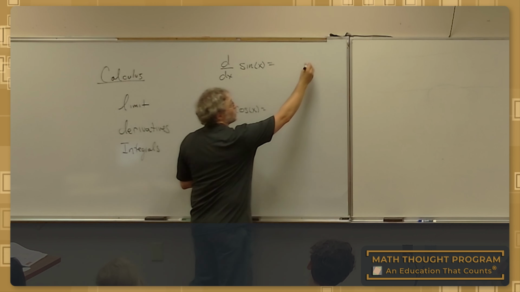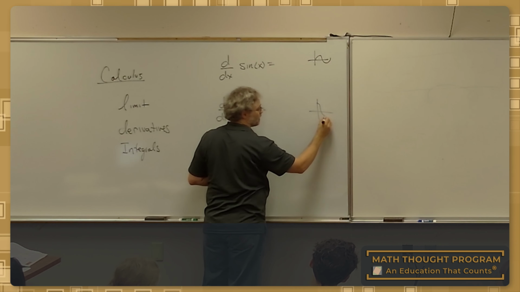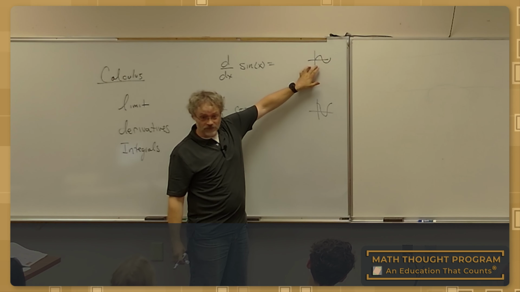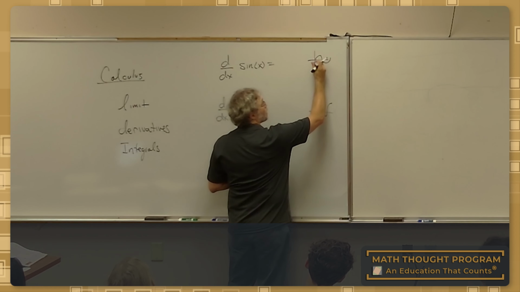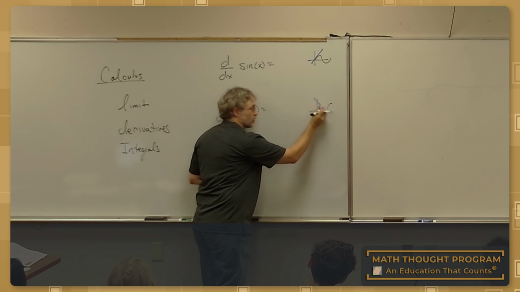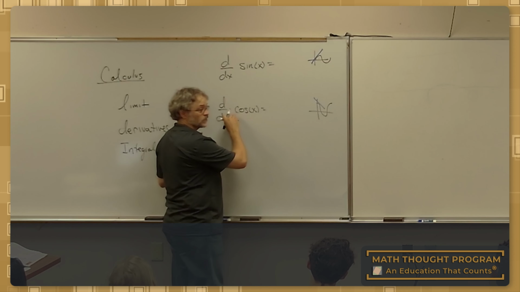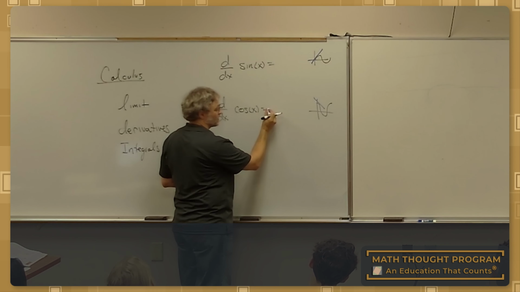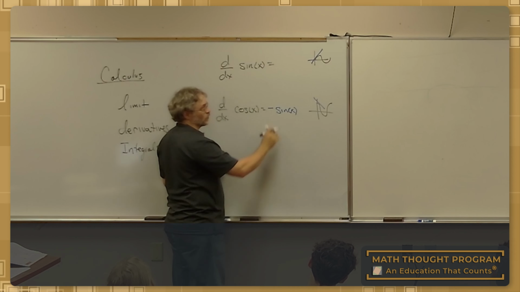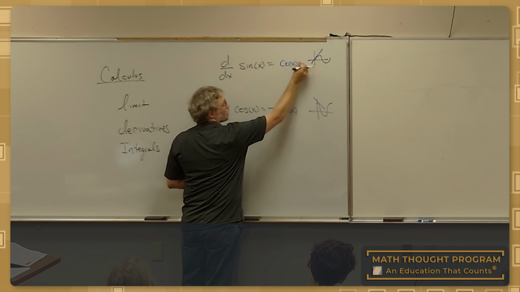So if I was to look at the graph of sine and then cosine, well, what I see here is, looking at the slope of the function, that slope's positive, that slope's negative. Consequently, when I take a derivative of cosine, it's negative sine. And when I take a derivative of sine, it's positive cosine.